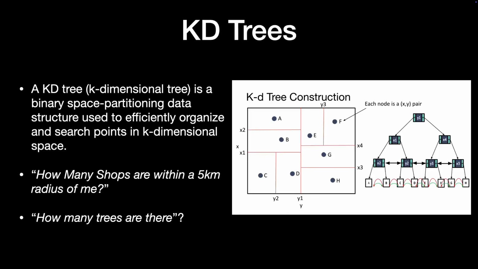And it's a very, very quick mathematical way to find out things like how many shops are within a 5 kilometer radius of me, or how many trees are there. I would recommend some other videos. Just type KD tree into YouTube, and there are people who give really good explanations about this. But I just wanted to mention that this is something that I'm doing, and pretty much all city simulators, I hope, do. If they don't do it, I would question that.